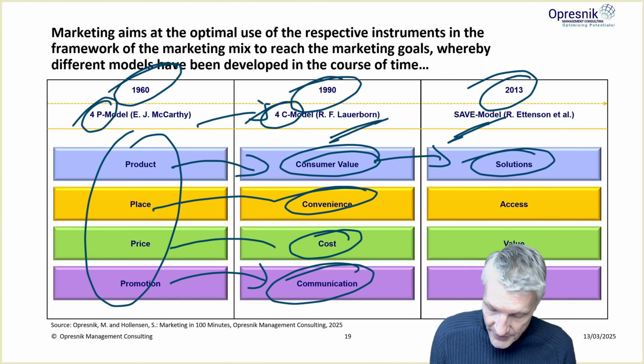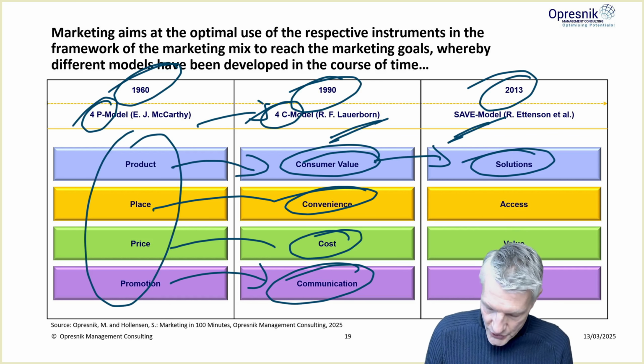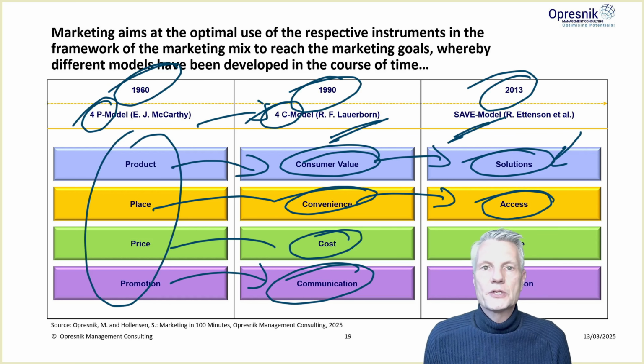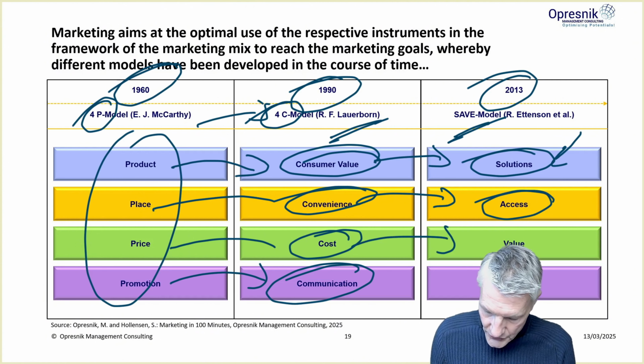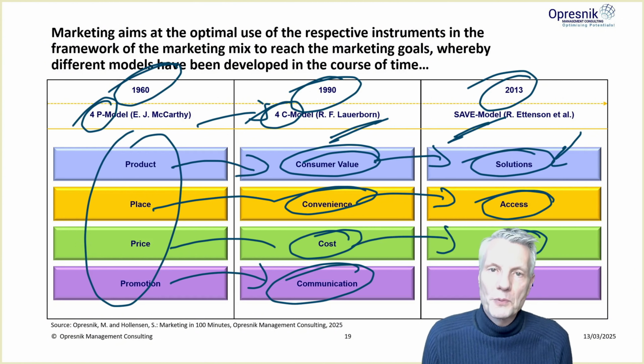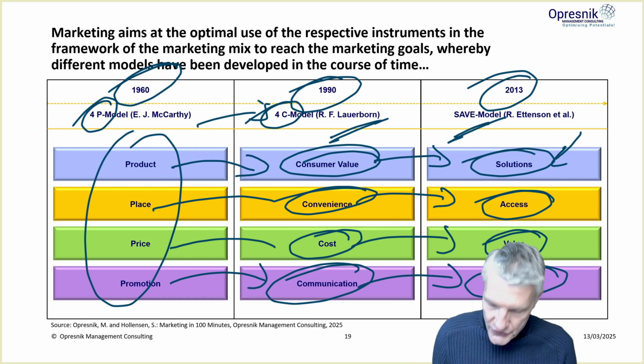Consumer value here now turns into solutions, because that is what we're really doing. We're looking at the problem of a specific customer group, and then we are inventing a solution to tackle that. Convenience turns into access. Cost turns into value. It's a much nicer word, value, because it's also the value proposition we are talking about. Customer value proposition, you remember the CVP. And communication turns into education.